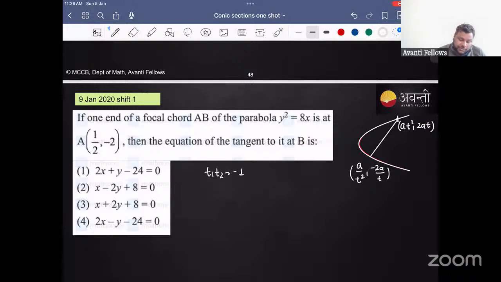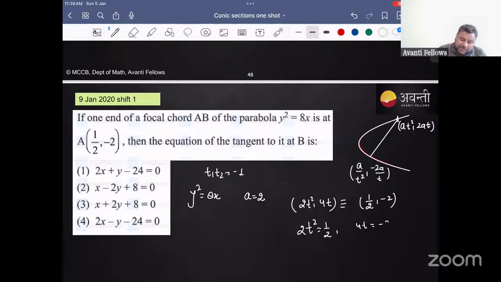So first of all, see this parabola is y square equals to 8x. Means value of a is 2. Now parametric point will be 2t square comma 4t. Now this point is equivalent to 1 by 2 comma minus 2. That means 2t square is 1 by 2 and 4t is minus 2.